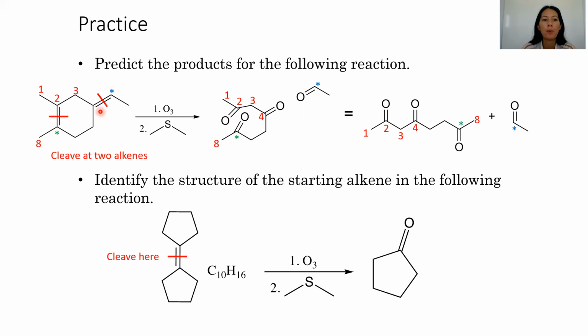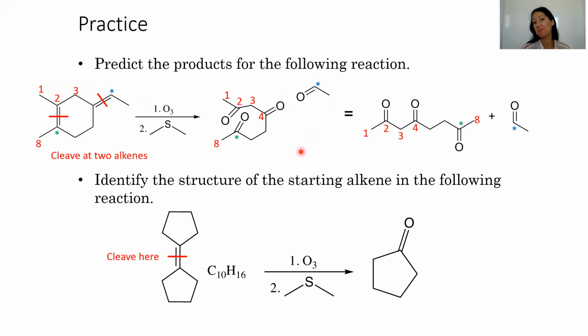What about the rest of the ring? It's untouched except here at this alkene, I cleave it right through here. So at carbon 4, I have another double bond to O, and this fragments away. It's still in the reaction mixture. I'm just saying it's away from this bigger group. So I have a carbon double bond to O, and I have an aldehyde and a methyl, which is this here.